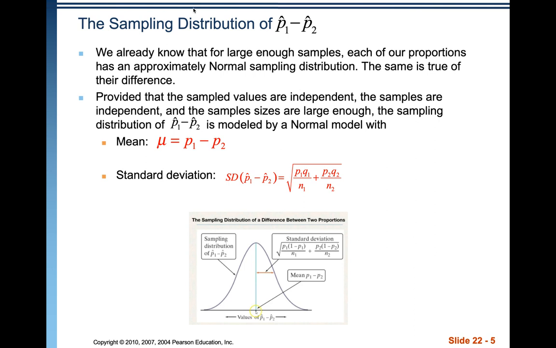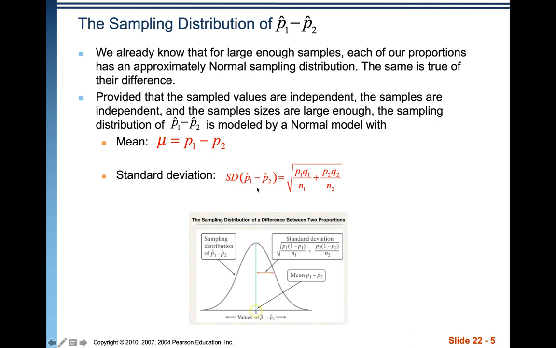Okay, so let's talk a little bit about the sampling distribution of the difference in sample proportions. We know that for large enough samples, each of our proportions has an approximately normal sampling distribution. This is the same for their differences. Provided that the sample values are independent, the samples are independent, and the sample sizes are large enough, the sampling distribution of our difference in sample proportions is modeled by a normal model, with the mean being the difference in the population proportions, and then the same standard deviation we described previously.